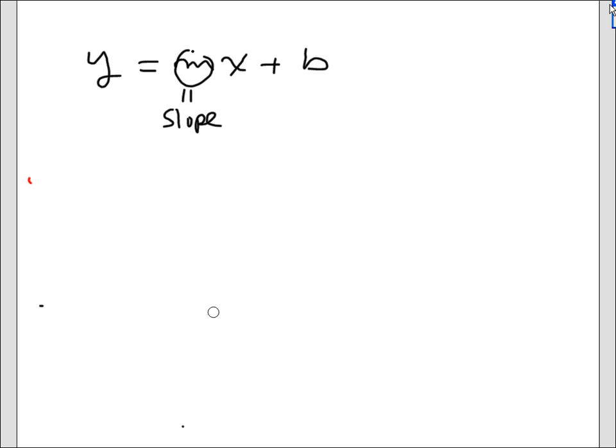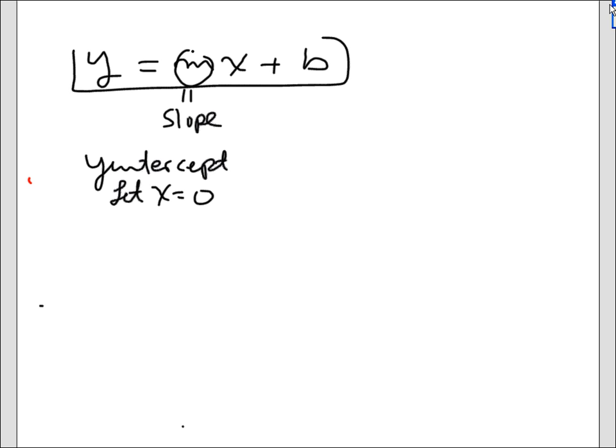So, if I want to find the y-intercept, you let x equal 0. And I'm going to do that in this equation right here. I'm going to let x equal 0. y is equal to m times 0 plus b.